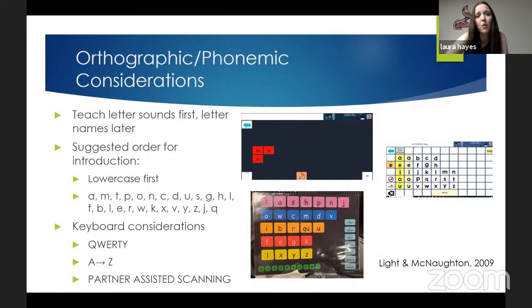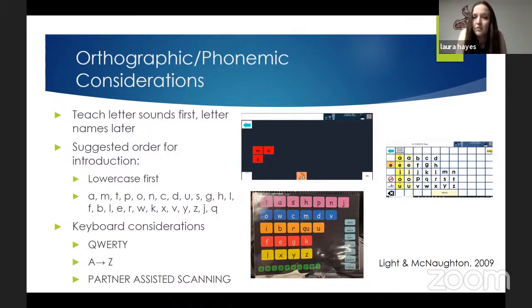But this is a really important level when we think about speech generating devices, because different speech generating devices have different layouts and have different considerations. And we have to take into consideration what our kiddos with complex bodies and complex communication needs need on a speech generating device. What does research tell us? Research tells us that we're actually supposed to be teaching the sounds first and the letter names later.